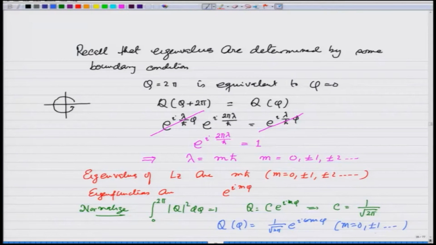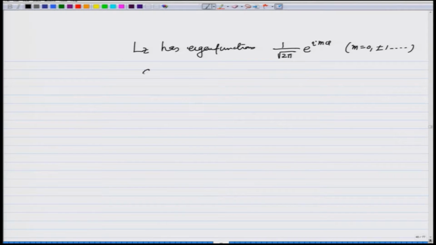So, what we found is that Lz has eigenfunctions 1 over root 2 pi e raised to i m phi, m equals 0, plus minus 1, and so on, and eigenvalues are m h cross, again m equals 0, plus minus 1, and so on.